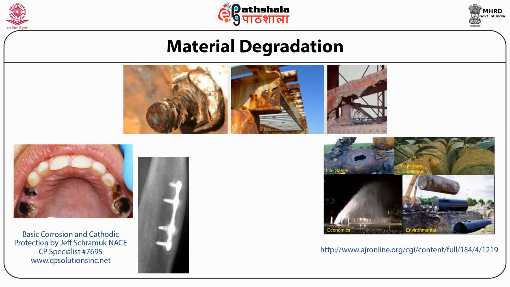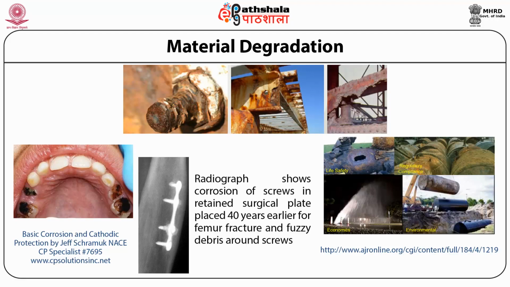As you can see over here, the first figure corresponds to life safety, second, corrosion in regulatory compliance, the next in economics, and the last figure is in the environmental field. The left-hand side figure shows the radiograph of corrosion of screws in a retained surgical plate placed 40 years earlier for a femur fracture, and fuzzy debris around the screws.